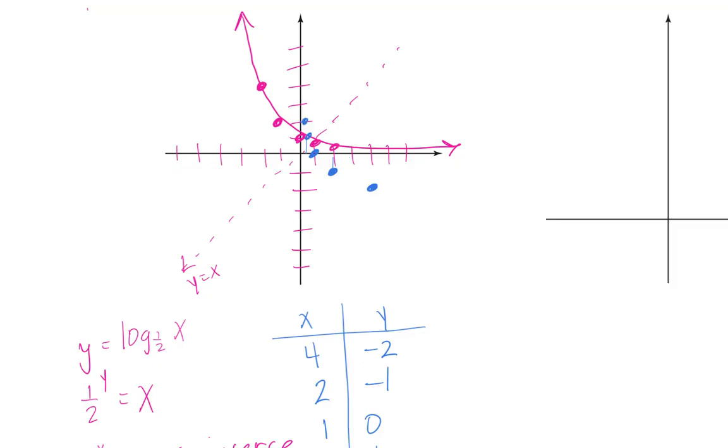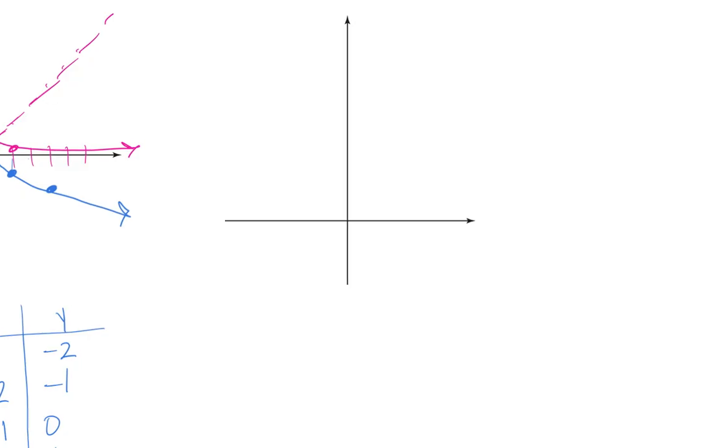So now this one is looking more like this. And notice, that's the line of reflection there. So there you go. So the blue line is your function, log base 1/2 of x. So I'm going to do the same thing over here.